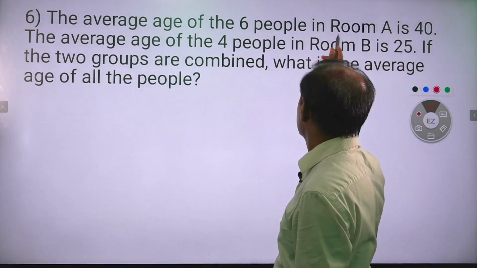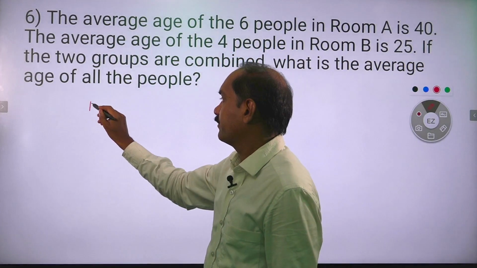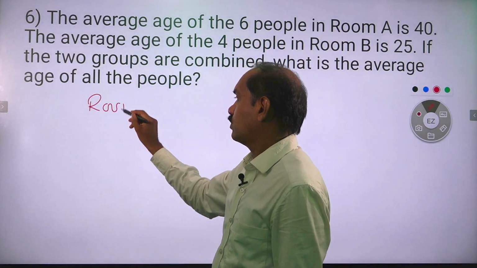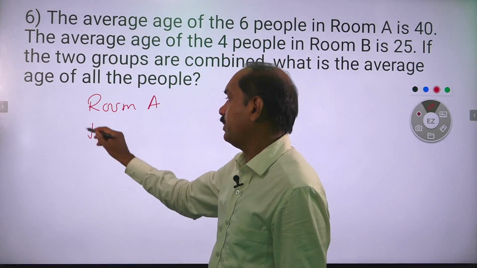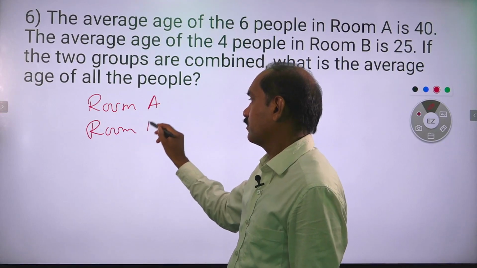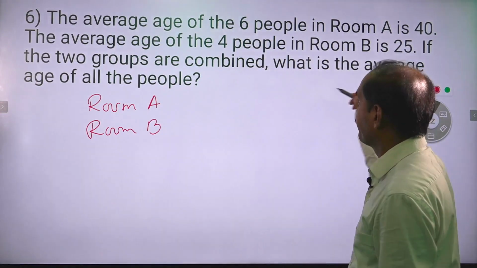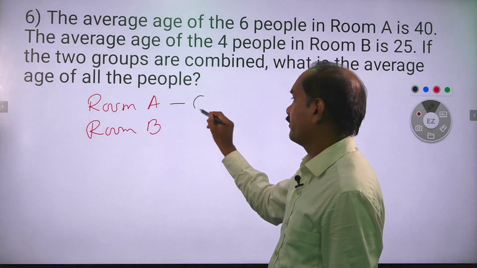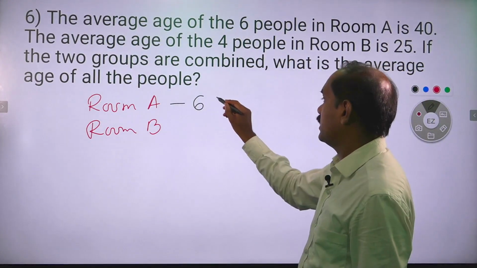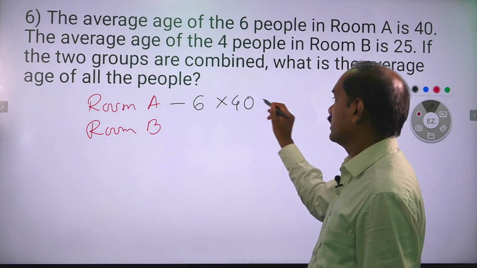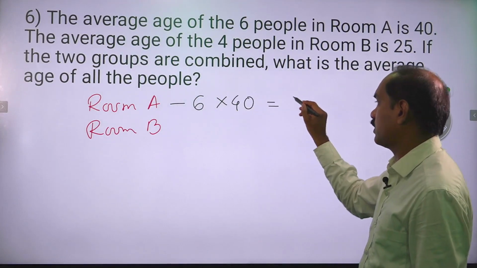In room A we have 6 people and on an average each is 40. 6 fours are 24, so 240.